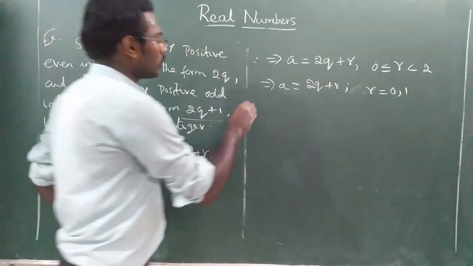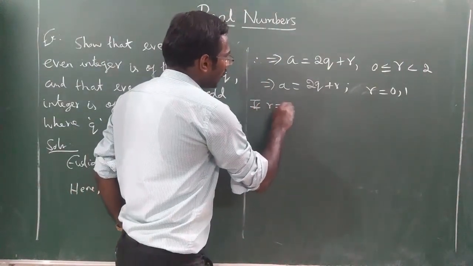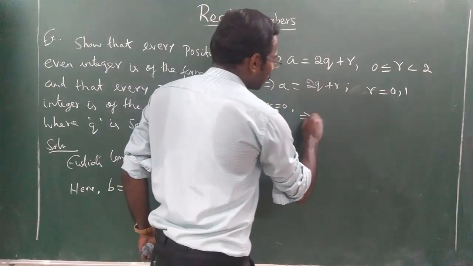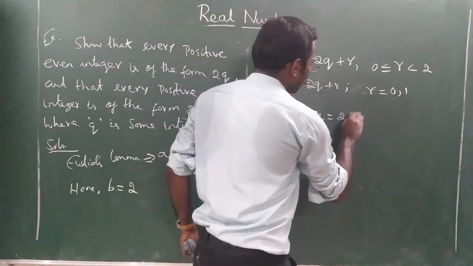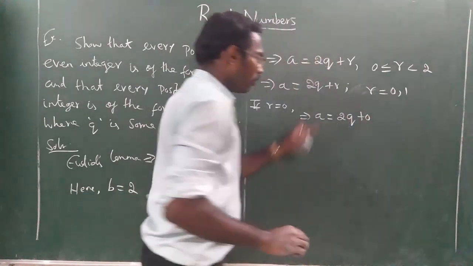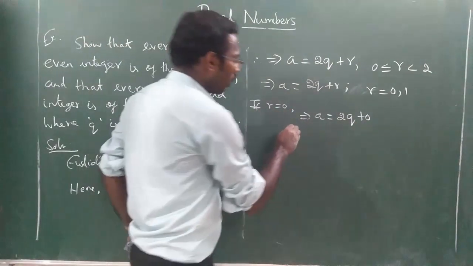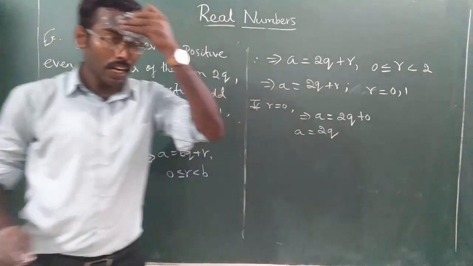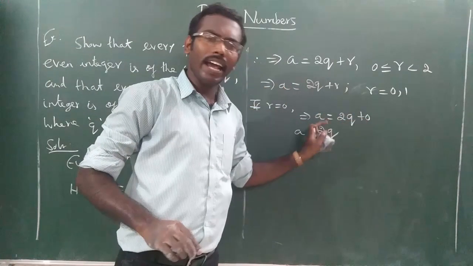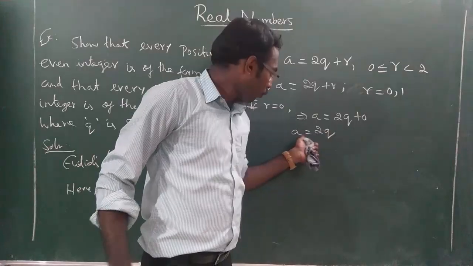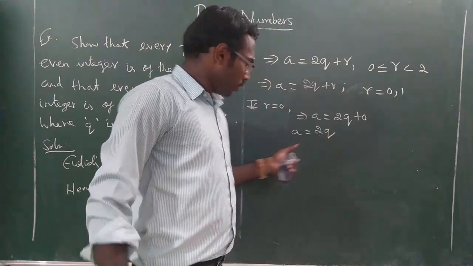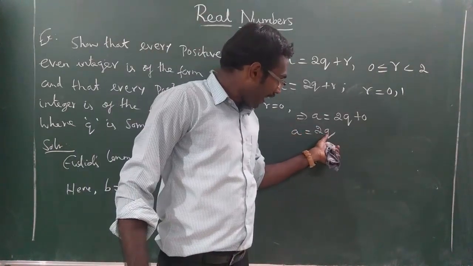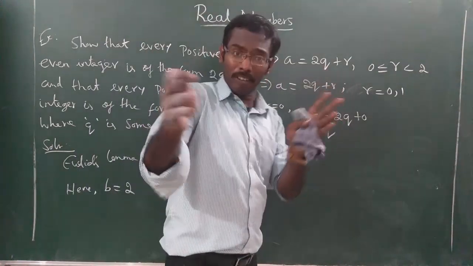Understood? Okay. So if r is equal to 0, that gives a is equal to 2q plus 0. r value is 0, na? So a is equal to 2q. Understood or not? If r value is 0, a is equal to simply 2q. So if you multiply any number with 2, then the number will be an even number.